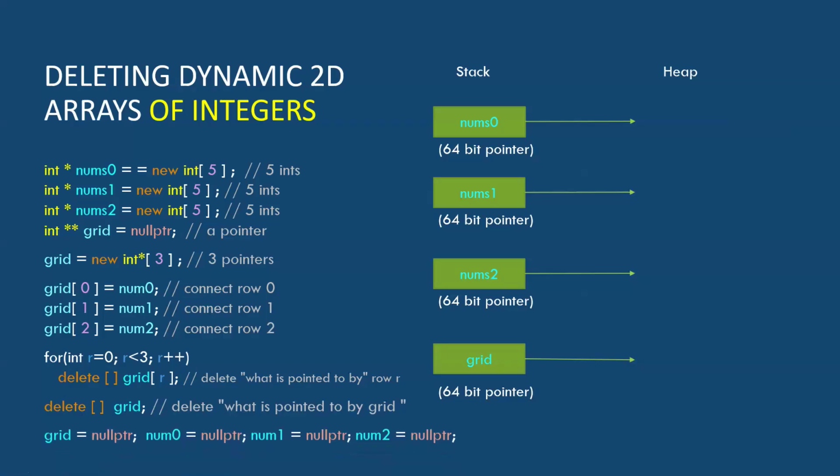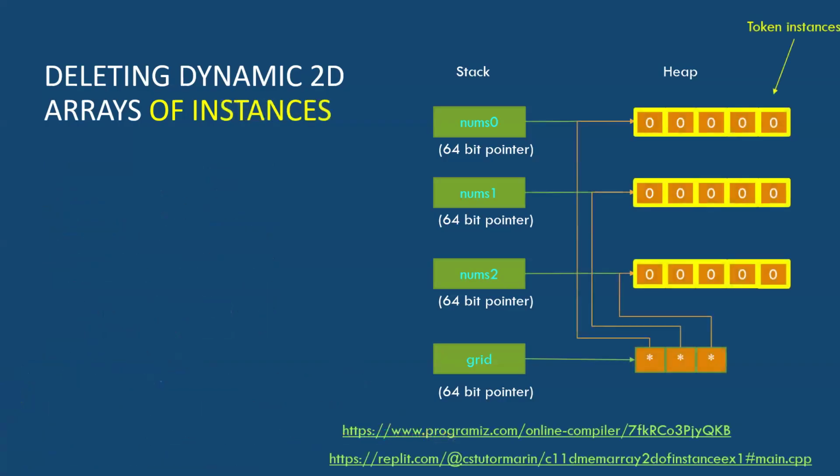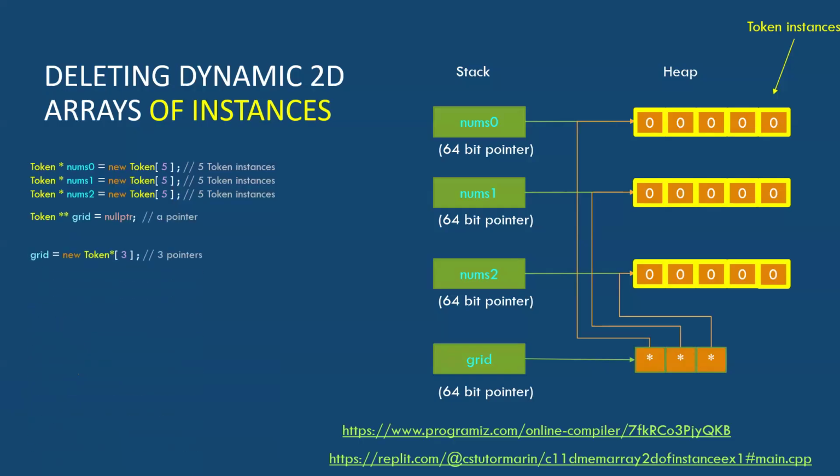And we probably should nullify those variables if they are actually in our code, so nobody trips over them. Okay, so that is us kind of doing the destructor, but we haven't really put it in the destructor yet. And if we had instances of tokens, it would really be the same code.